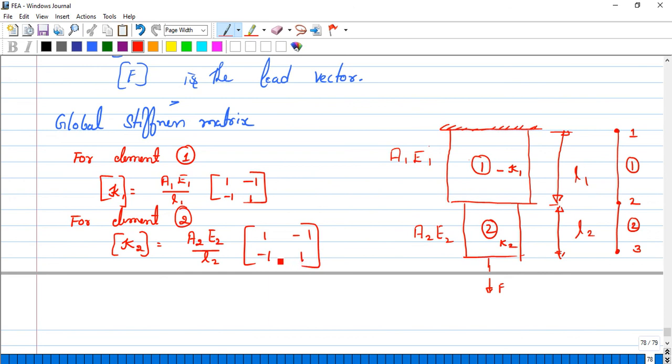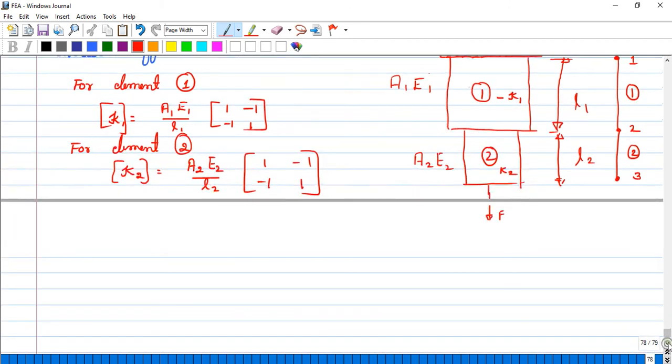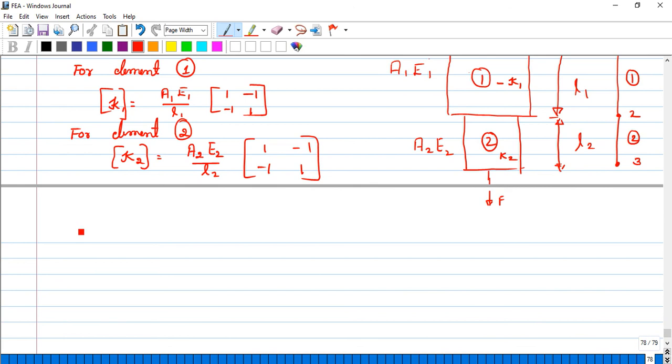Now see, these two represent the elemental stiffness matrix for each individual element. Now what we need to do for the entire structure, how to represent it? We need to assemble these two in a proper way.